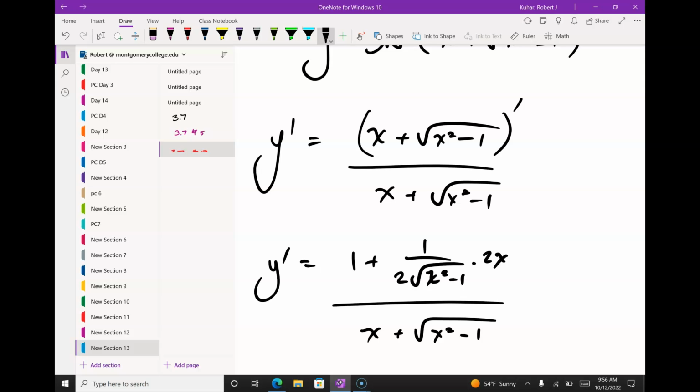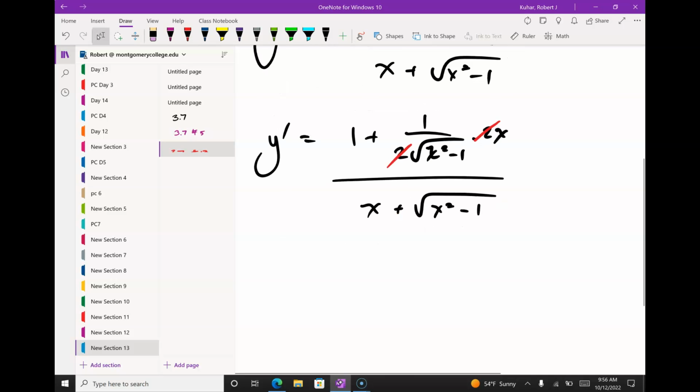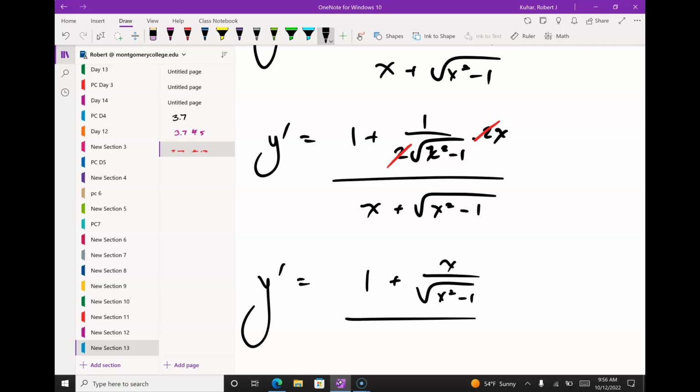I want some kind of nod or some kind of grunt, some kind of noise. Good. I can simplify this. I have 1 plus x over square root of x squared minus 1, over x plus square root of x squared minus 1.